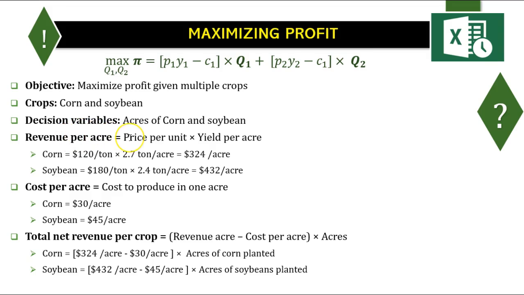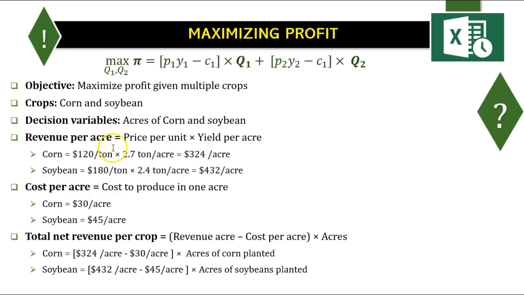Revenue per acre is equal to the price per unit times the yield. According to the data, the price per unit was $120 per ton for the case of corn. We multiplied that by the yield, which was 2.7 tons per acre.